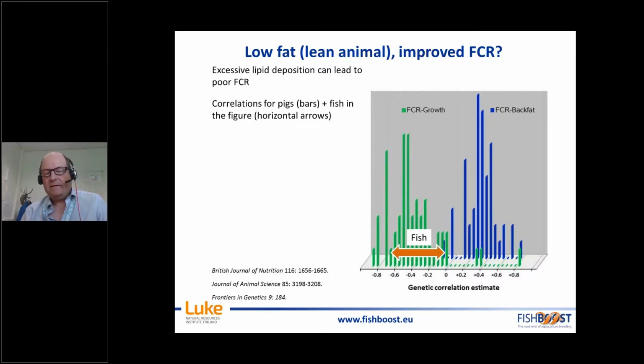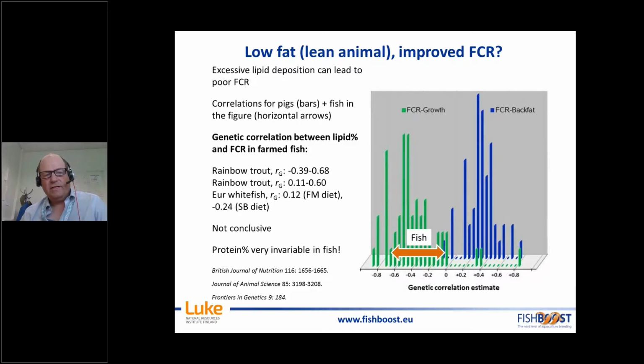And then with the blue bars, we have the genetic correlation between FCR and back fat for pigs. Those correlations are positive, meaning that the more fat there is on the back of the animals, the less efficient the animals are. So high fat is related to low efficiency.